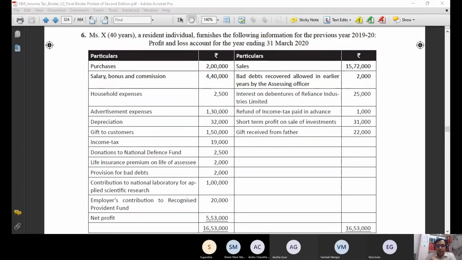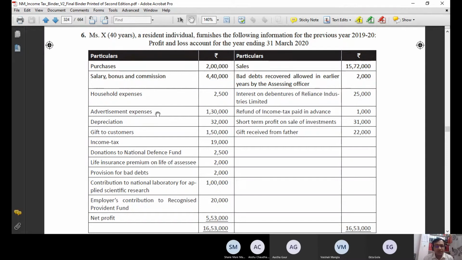Let me read this question for you. Miss X, 40 years, a resident individual, furnishes the following information for the previous year 2019-20. P&L account for the year ended 31st March 2020. Debit side: purchases, salary, bonus and commission.